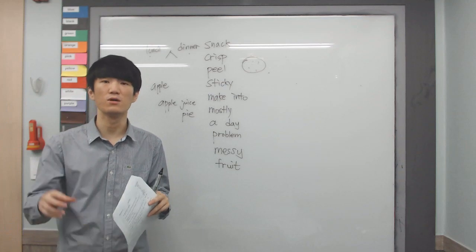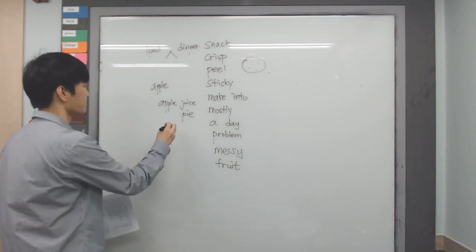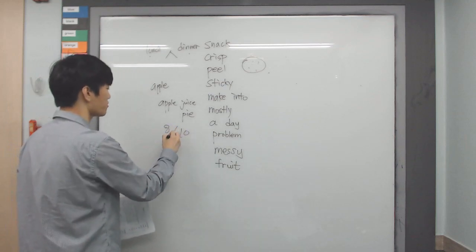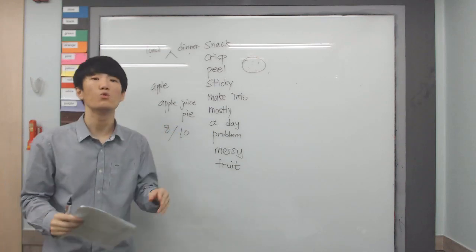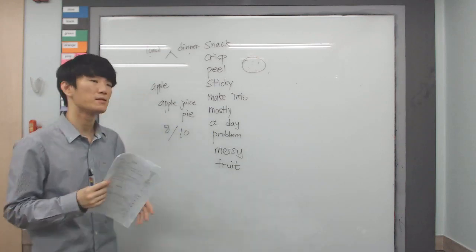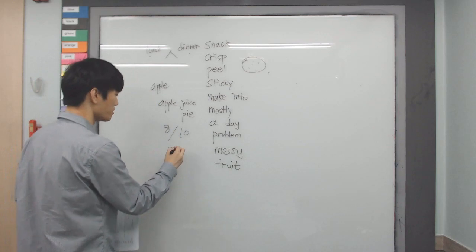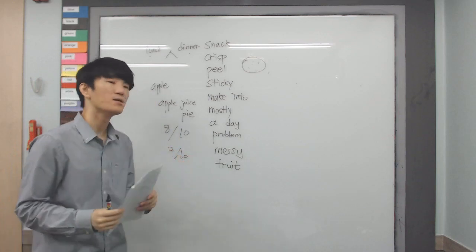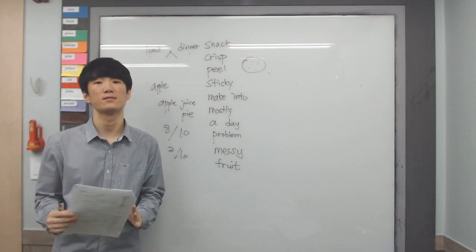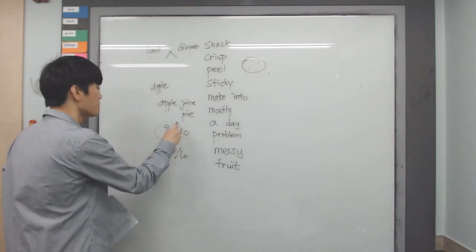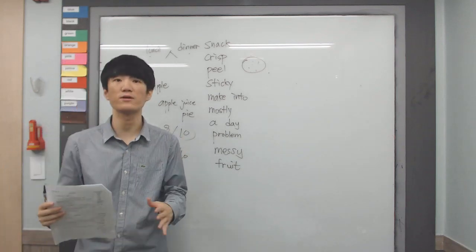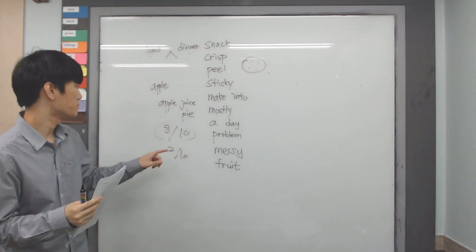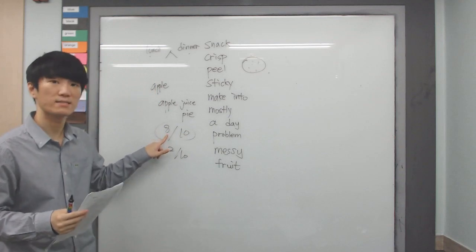And 8 out of 10 are wearing glasses, but 2 out of 10 don't wear glasses. So that means mostly they are wearing glasses. Almost all, 8 out of 10.